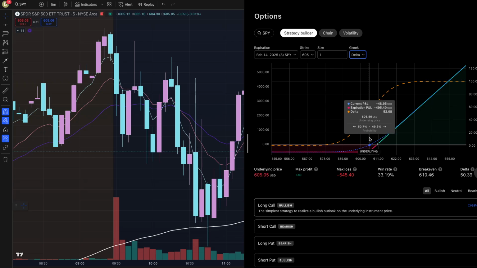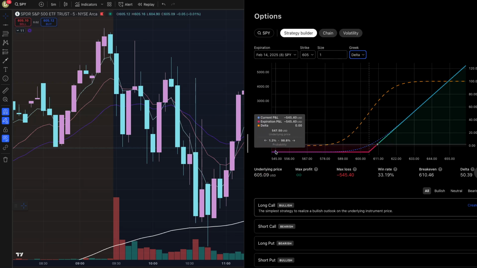So you can imagine that anything below what we're trading at right now, when you bought it at 605, because that's our strike, right? Anything that's below our strike is going to be maximum loss, because at expiry, the 605 call is going to expire at 0 at anything under 605.